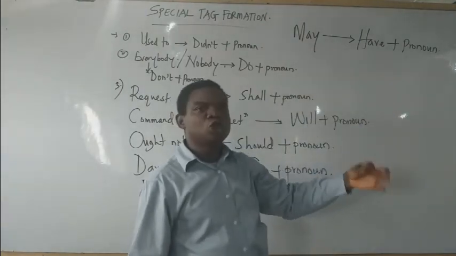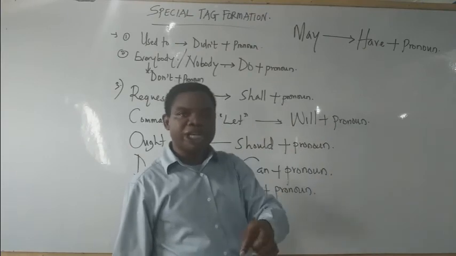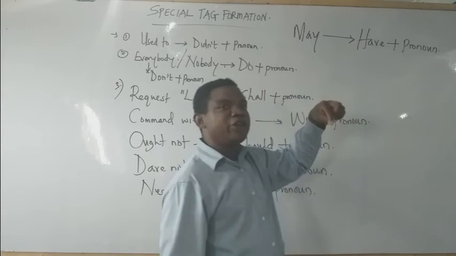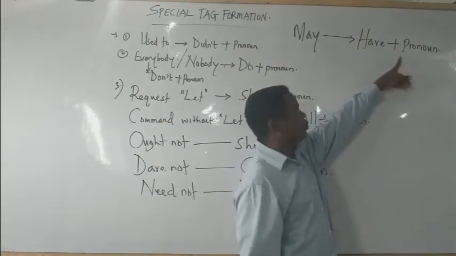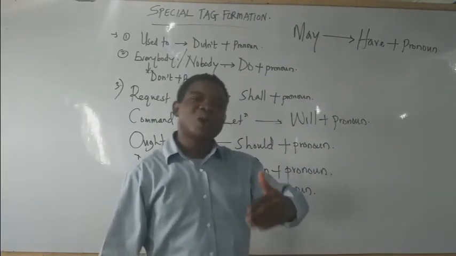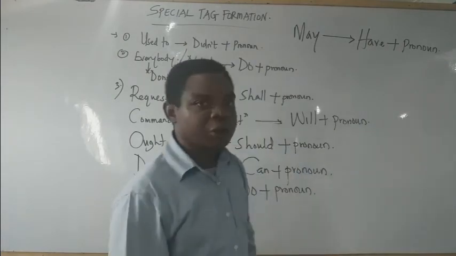That's the question. Then the options, the answer is have you. You may not have heard the last word from me. That's what? Have you. So when you use may to form a sentence, the question tag takes have plus a pronoun.